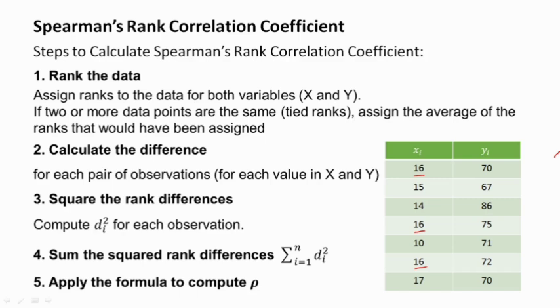The fourth step is to sum the squared rank differences, and then apply the formula and find the Spearman's rank correlation coefficient. The critical stage is ranking the data and determining the ranks. In case of a tie, you have to take the average of the ranks.